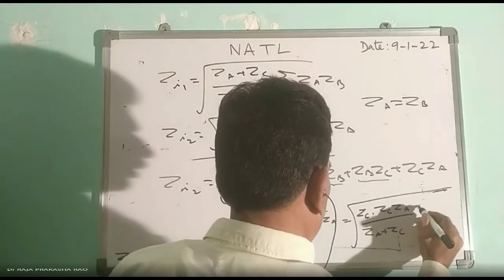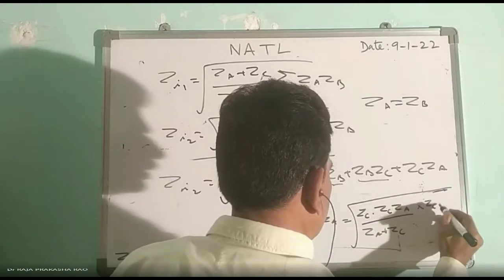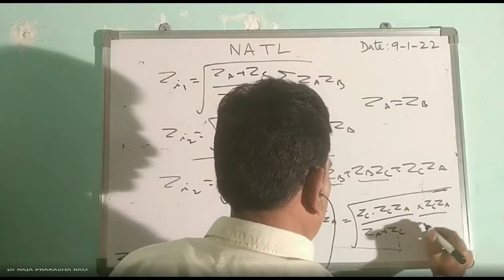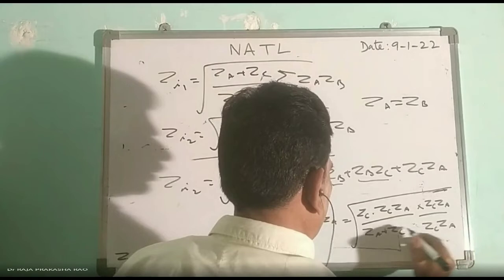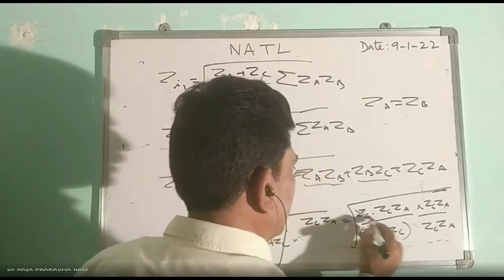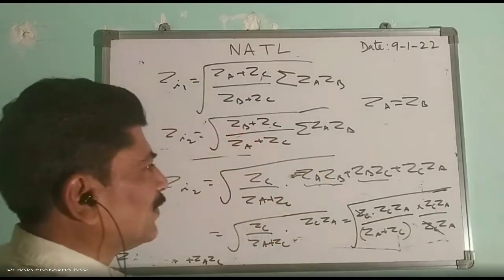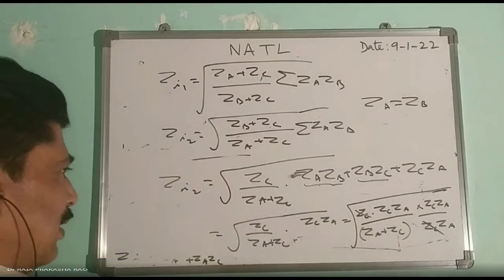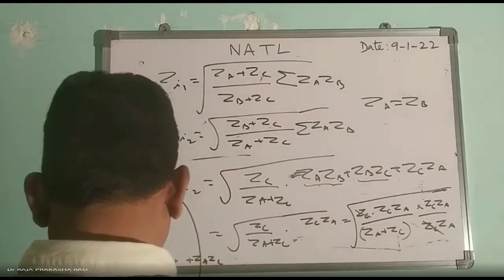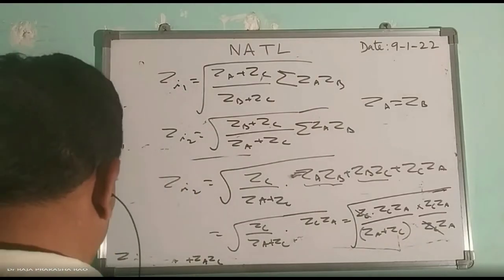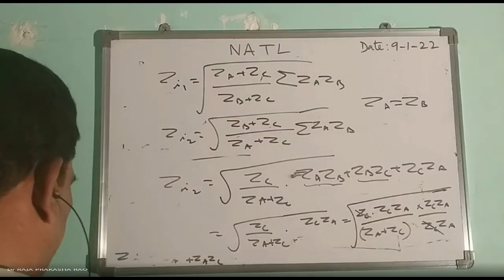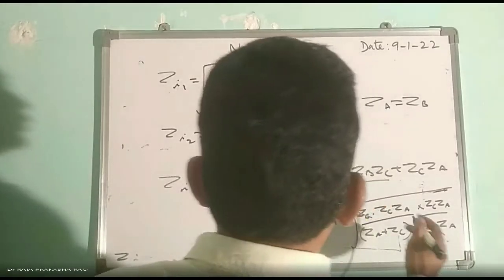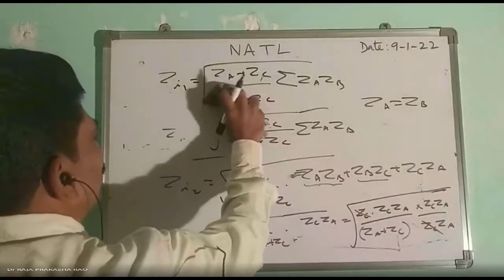You multiply numerator and denominator by ZCZA. This ZC and this ZC will go off. Then you will get (ZCZA) whole square over that.